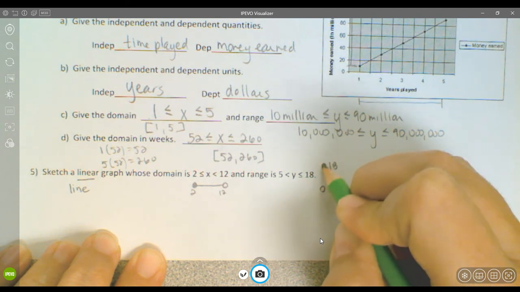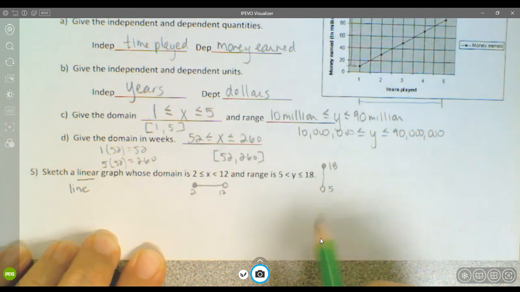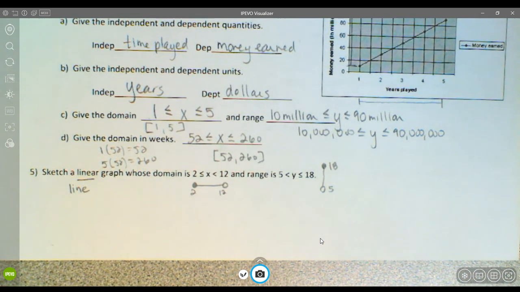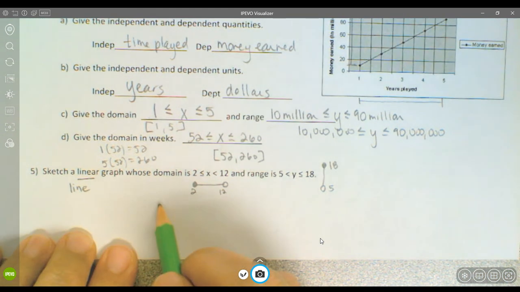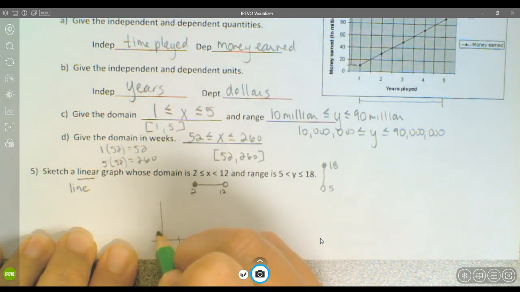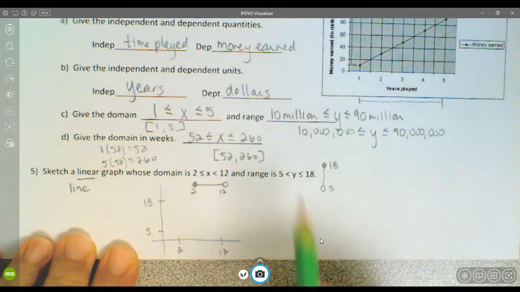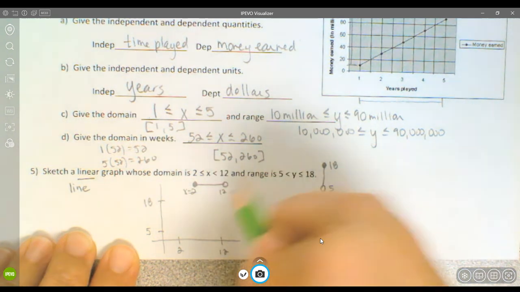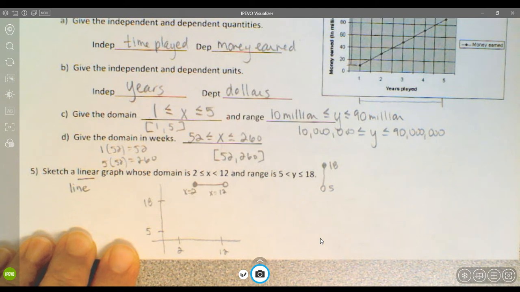Robadeer, why did you write that one vertically? Well, because range deals with the y coordinates, and y coordinates we measure going up or down a graph. So how am I going to make a graph that goes from 2 to 12 horizontally and 5 to 18 vertically? But I have to have an open circle somewhere and a closed circle somewhere. Well, think about it. This is x equals 2 to x equals 12.